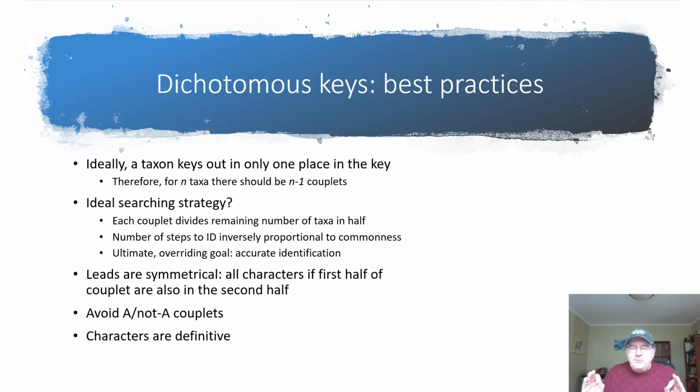The differences in the characters are clear, obvious, easily recognizable, difficult to be mistaken for. Again, all ideals that we strive for and reach our goal imperfectly. But that's the kind of thing that makes for a good key, a high quality key, versus something of lesser quality.